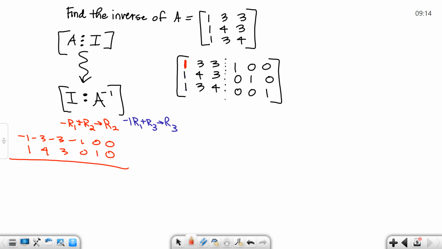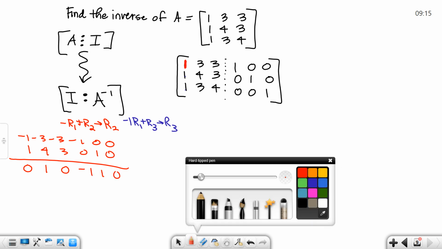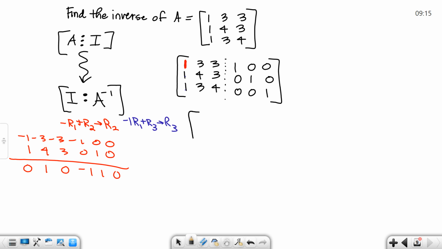Okay, the other thing I want to point out is when I say negative 1 row 1, it's going to go all the way across. You're going to treat it like it's 6 columns, not just 3. All right, double checking my signs really fast. So this is going to be 0, 1, 0, negative 1, 1, 0. Okay, and it looks like for this one, your teacher was pretty nice to you.